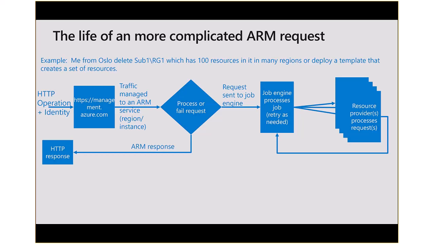So in that case, I always get the fastest response. Although I'm talking to, for example, resources in Australia or in the US, it doesn't matter, because I'm getting answers from an API endpoint in Europe, which then communicates to particular resource providers in particular data centers.